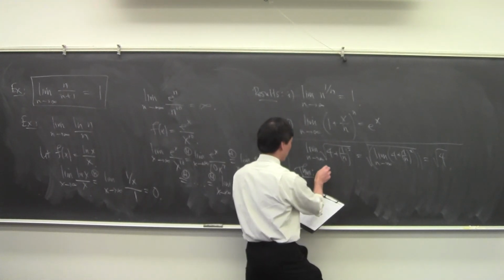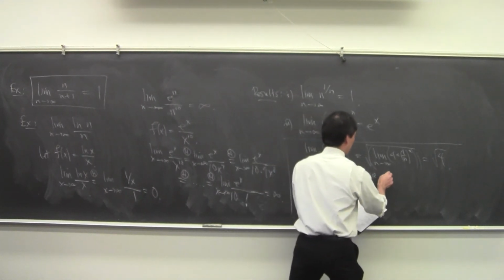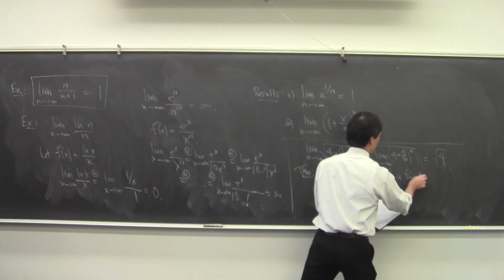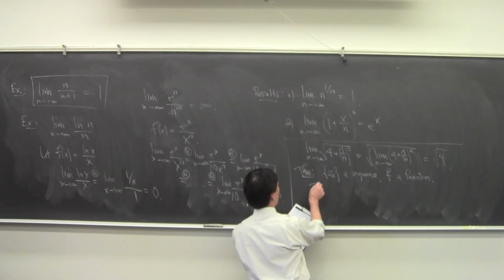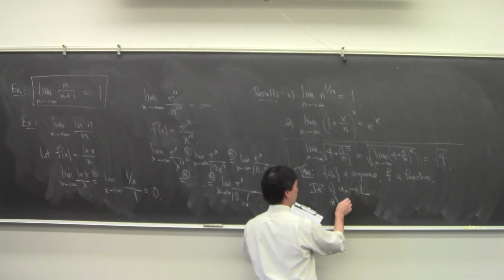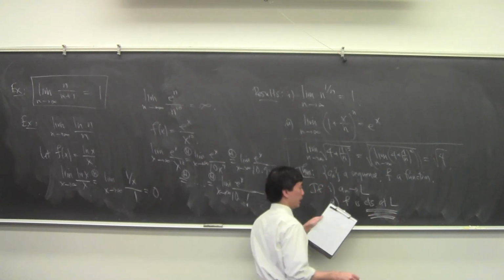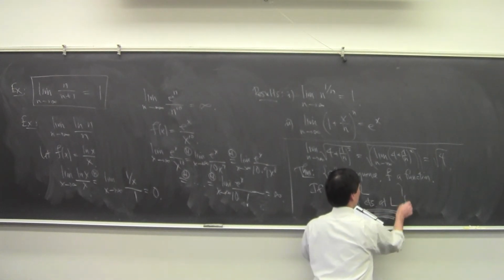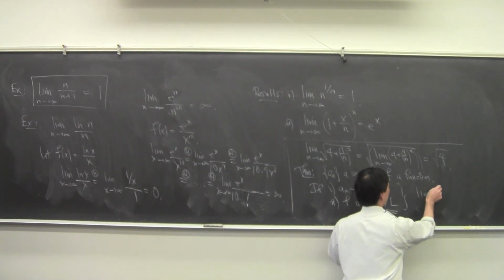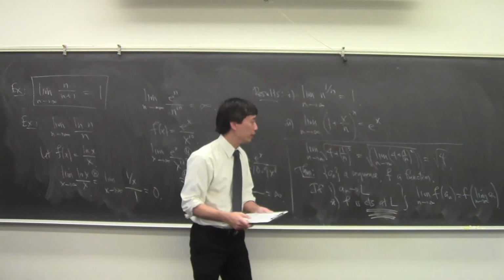It says, if you have a sequence and you have a function f, if the sequence converges to L and the function is continuous at L, then the limit of the function of the sequence equals the function of the limit of the sequence. That is, you can change the order of the limit and the function.